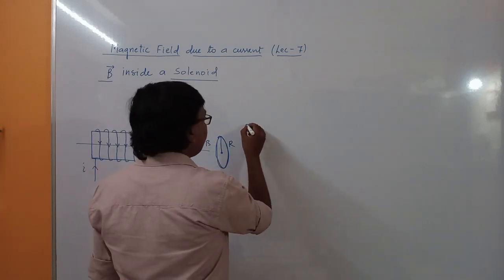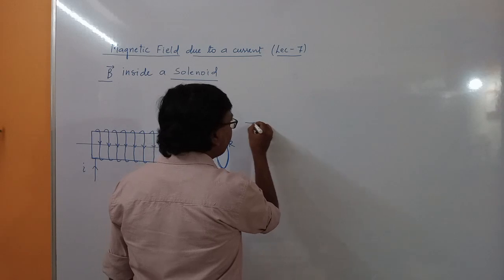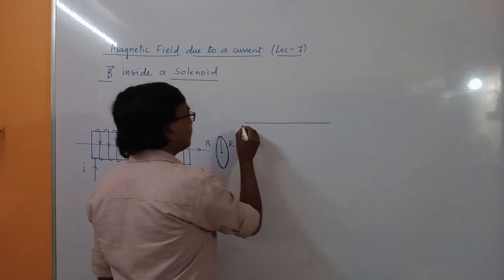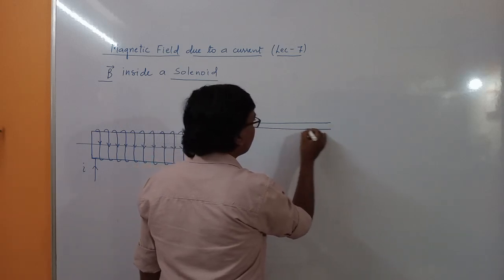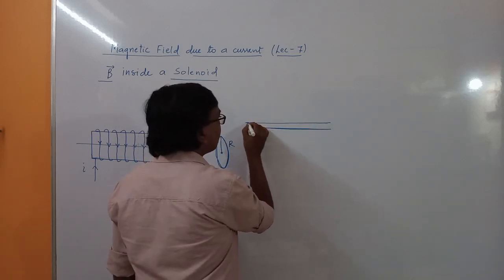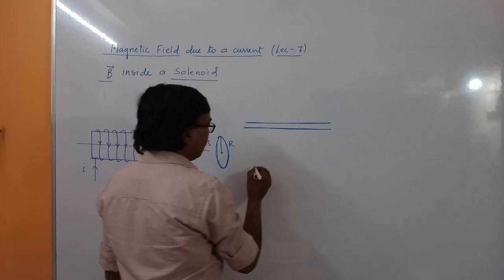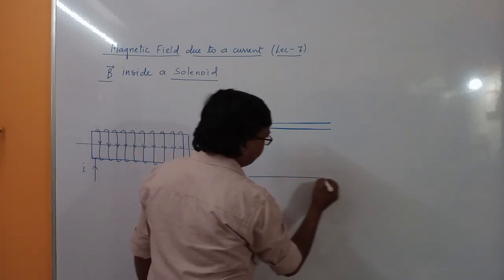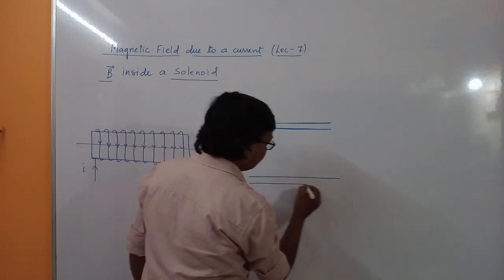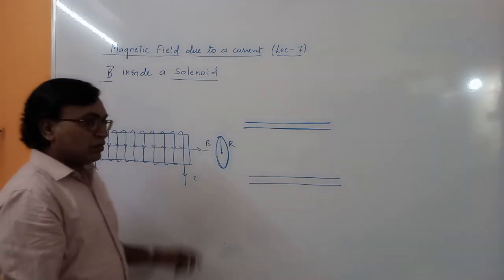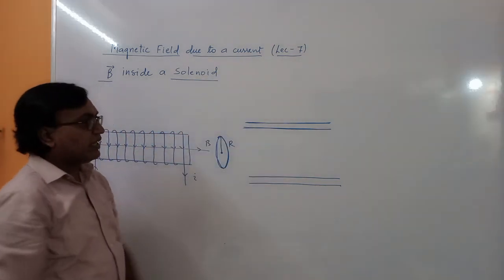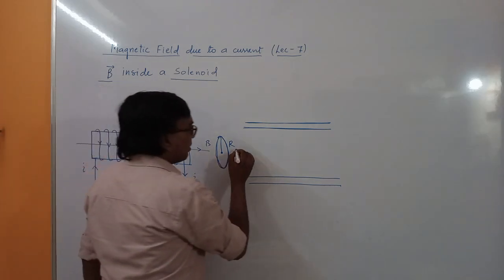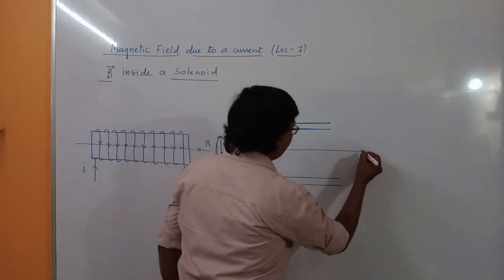Now I'll take a cross-sectional view a little bit bigger. Same solenoid, cross-sectional view, a little bit bigger. Then this is the axis of the solenoid.